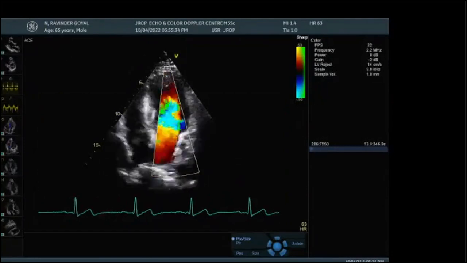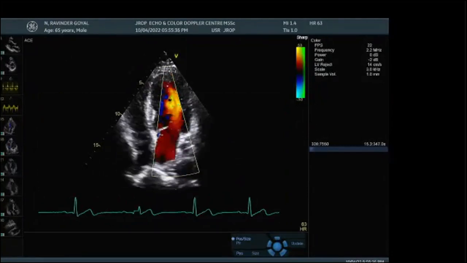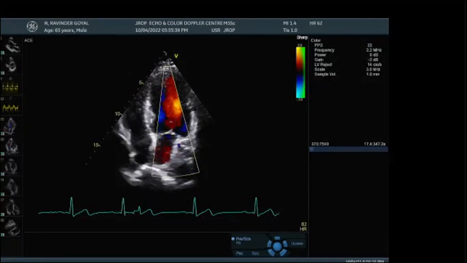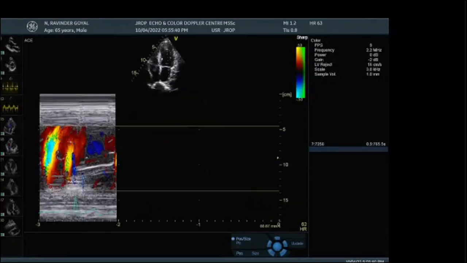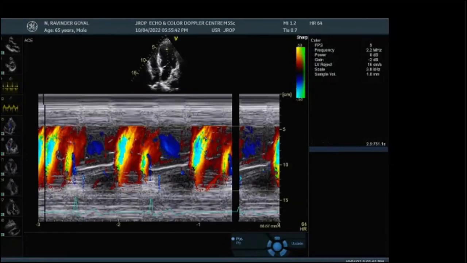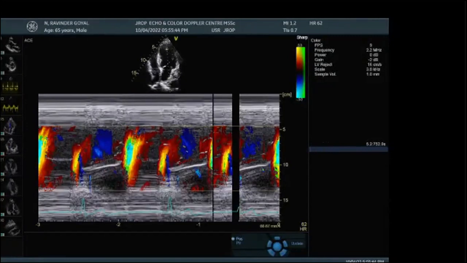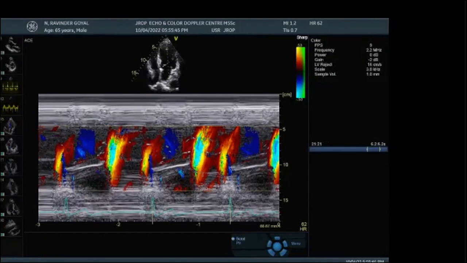Look, this is a cursor I've placed in color M mode, and then I've taken my M mode. This is what exactly you see: the flow of color across the mitral valve during every diastole. When the mitral valve opens, the blood flows from LA to LV.